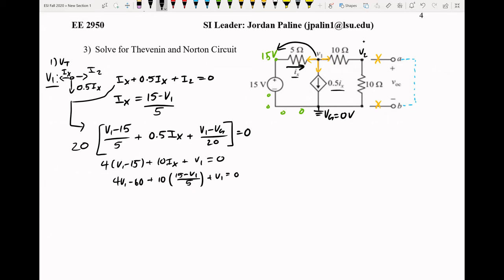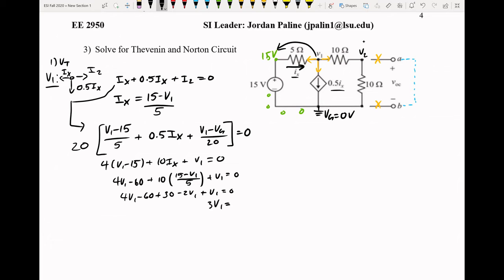So this will just cancel out to give us 2, so this would be 4 V1 minus 60 plus 30 minus 2 V1 plus V1 is equal to 0. 3 V1.